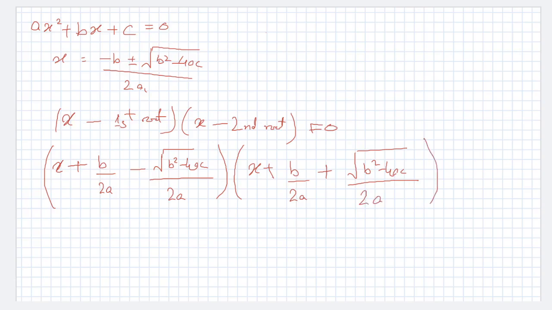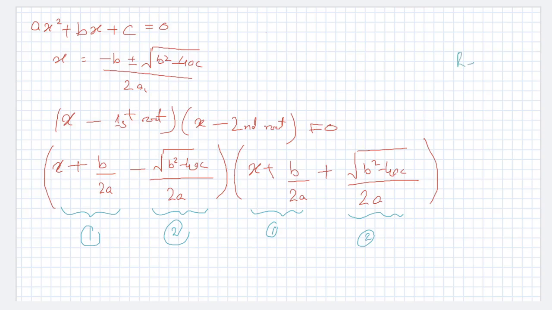So over here I simply rearrange some of the terms. I take x plus b over 2a as my first term. Let me write down 1 over here, and take b square minus 4ac over 2a as my second term, and then I will apply the square of difference formula.